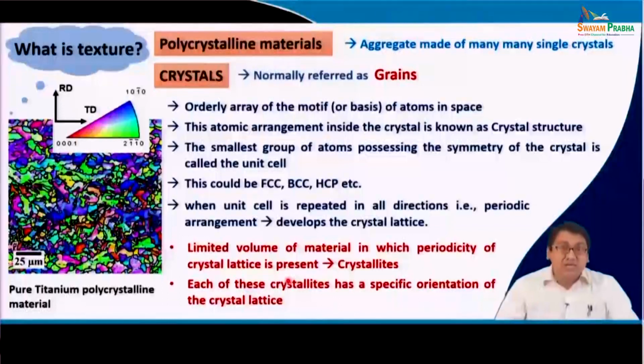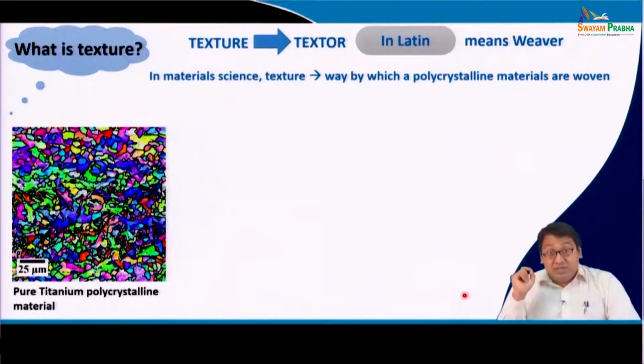Each of these crystallites has a specific orientation of the crystal lattice, and therefore, when present in a polycrystalline material, they produce a microstructure which consists of texture.